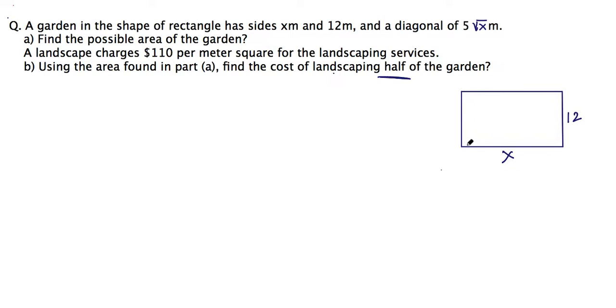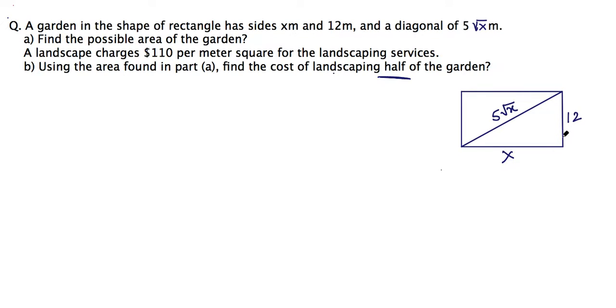And what else is given? We are given that the diagonal of the rectangle is 5 root x. Now we have to find the area of the garden, so basically we have to find the area of the rectangle.